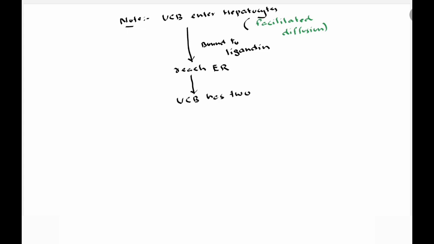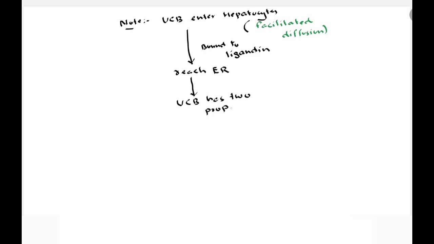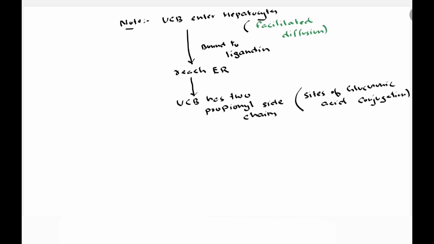This unconjugated bilirubin has two propionyl side chains, and these side chains are actually sites of glucuronidation. This conjugated bilirubin is thereby transported by MRP2 and BCRP1.